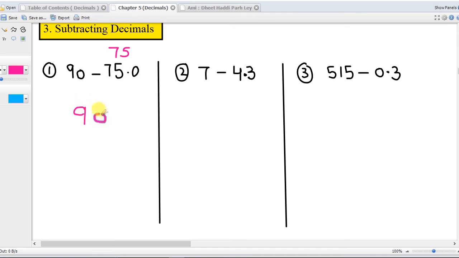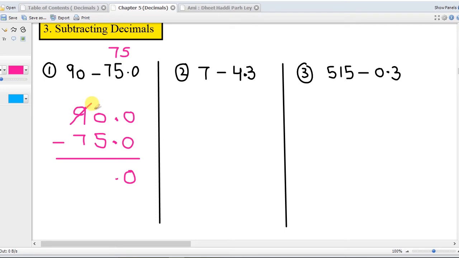So let's write this question in an organized way. 90 take away 75, or if you are keen to put the decimal point and then 0, write it here as well. Now simply take away 0 is 0. Since we cannot take away 5 from this 0, because 5 is a bigger number and 0 is a smaller number, remember the rule of subtraction. We have to take borrow from the neighborhood digit.